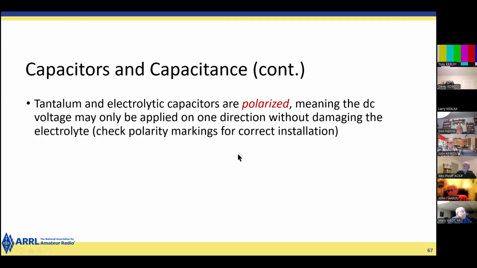So electrolytic capacitors are typically used for applications where you want to filter a DC voltage and get rid of any AC component that's on it.